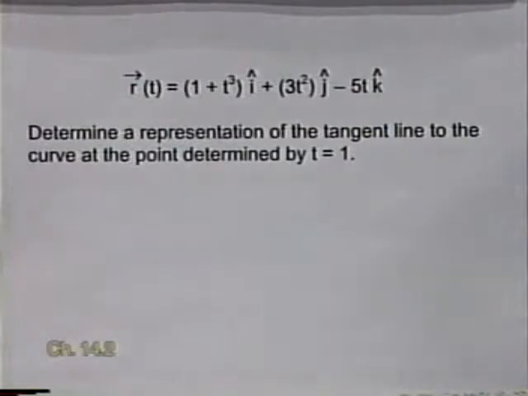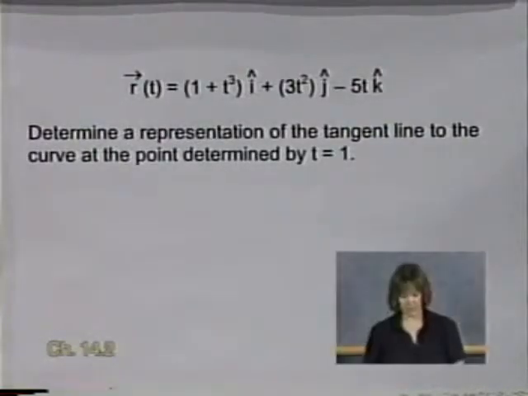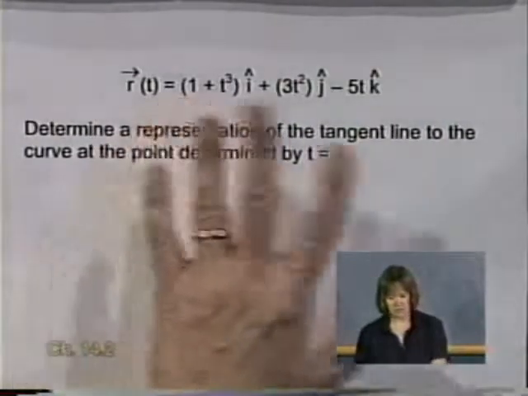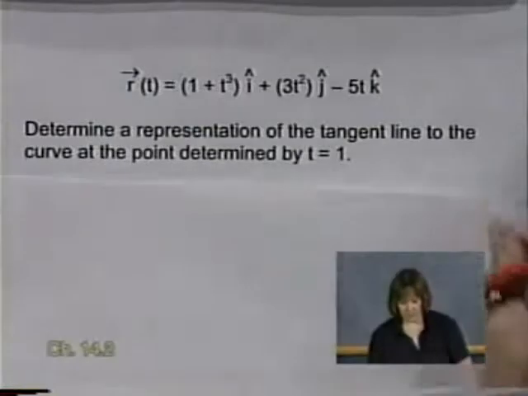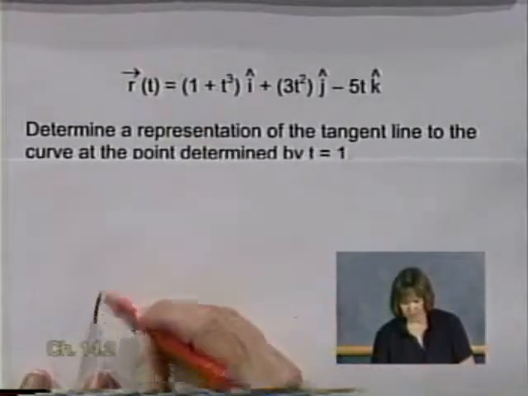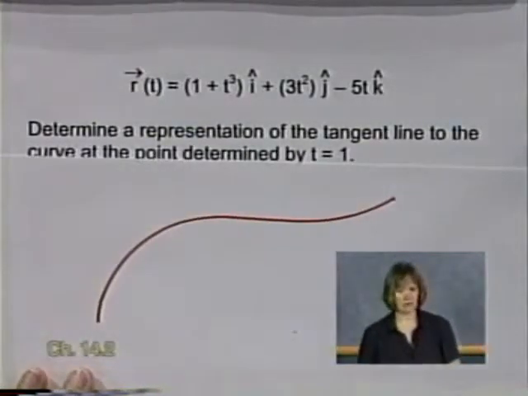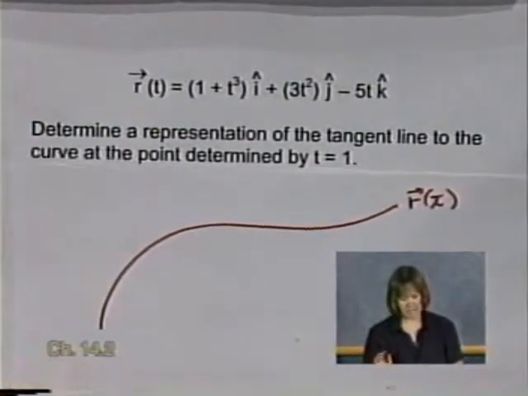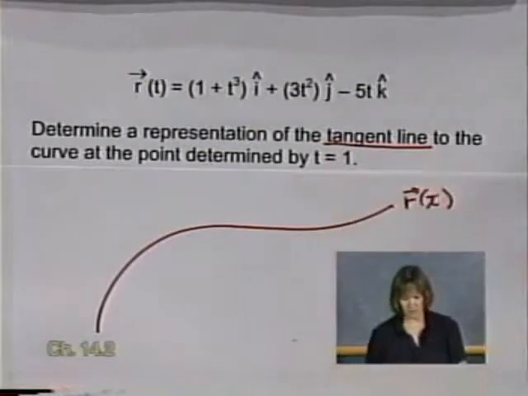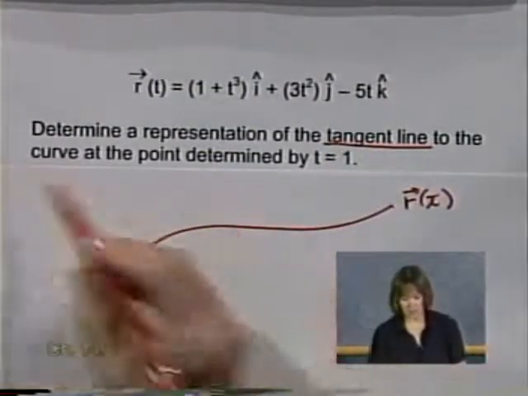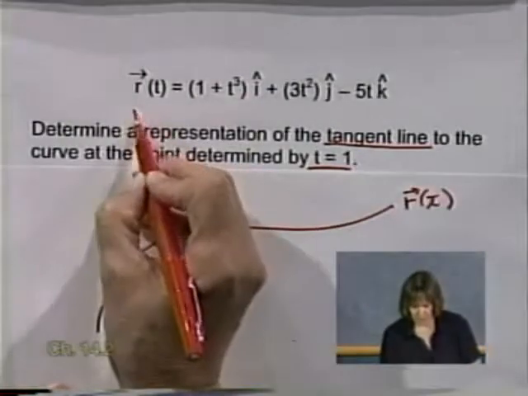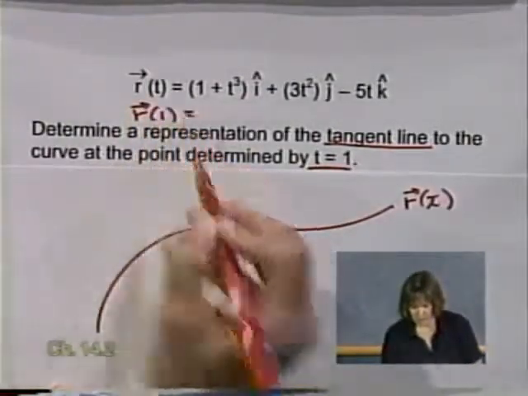All right, now they want me to determine a representation of the tangent line to the curve at the point determined by t equals 1. Now I really don't have to draw what this curve looks like, but let's just go through what's going on here. You've got some curve, all right, r of t. Now we want to know the tangent line, parametric representation probably, of the tangent line to this curve at t equals 1. Now at t equals 1, notice r of 1 is equal to what point?